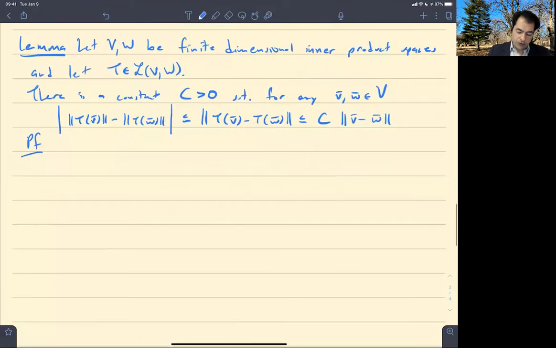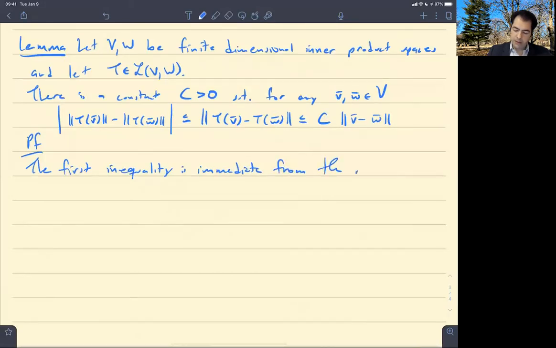Okay, proof. So first, the first inequality is immediate from the remark. Right. So this is just the reverse triangle inequality and it doesn't use anything.